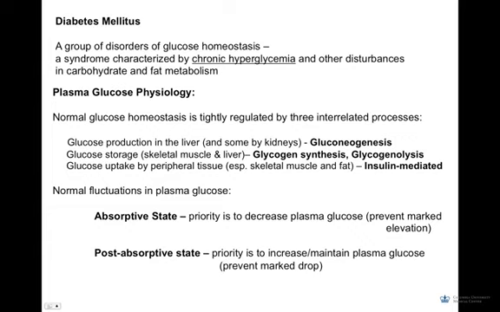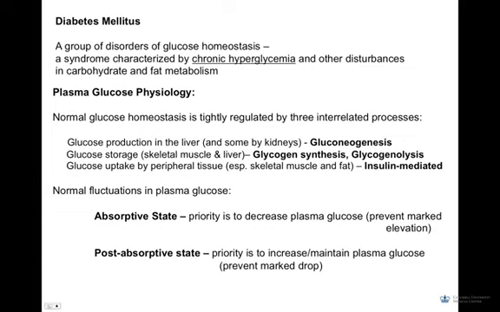This is the state where we are actively absorbing the food that we consume. So during the absorptive state, the priority is to decrease plasma glucose, or in other words, to prevent a marked elevation in blood glucose.